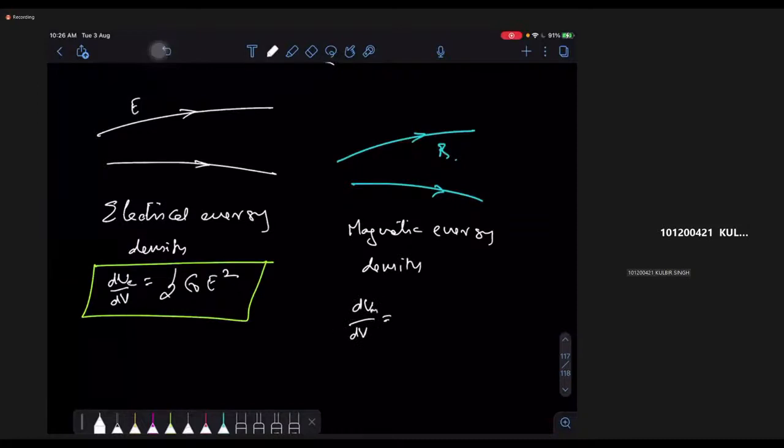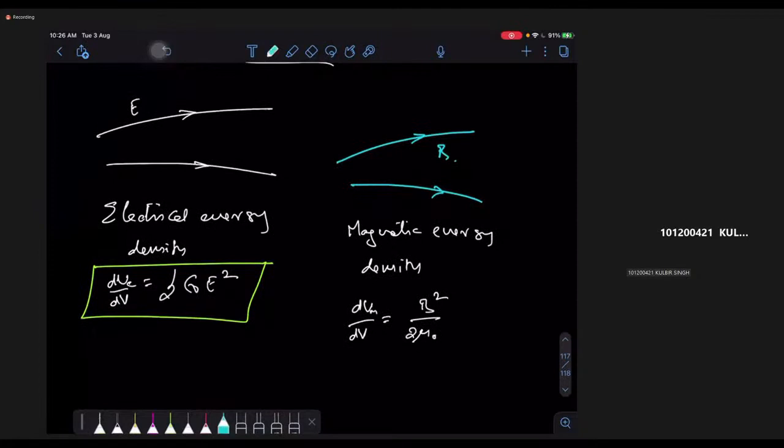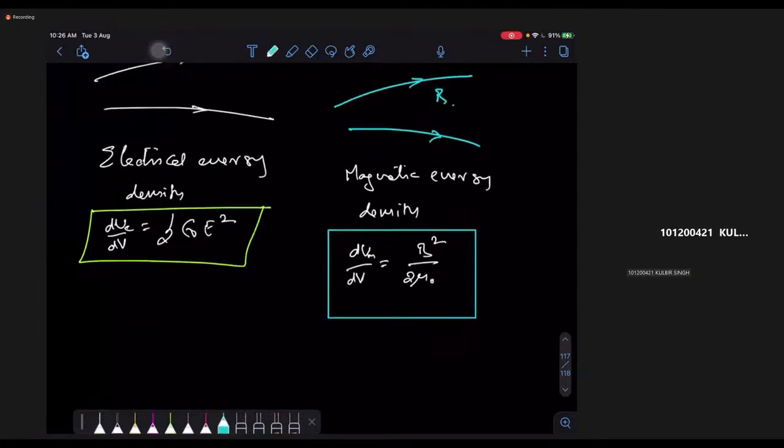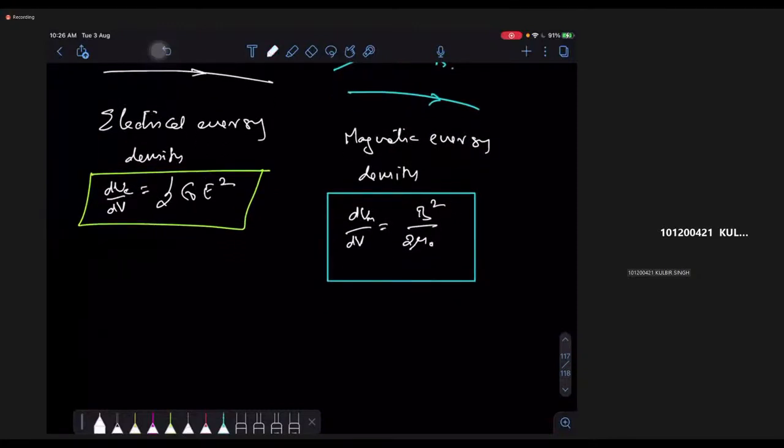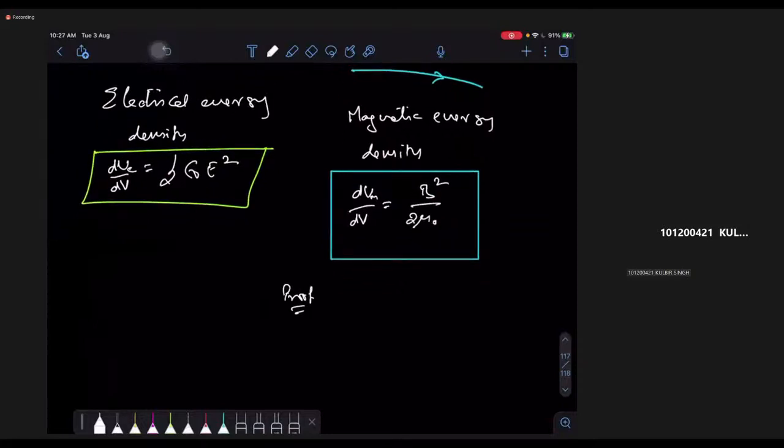It's almost a similar thing: B squared by 2 mu naught. This is our magnetic energy density, right? The proof is quite simple, not a direct proof, not an absolute proof. A simple and approximate proof we have.